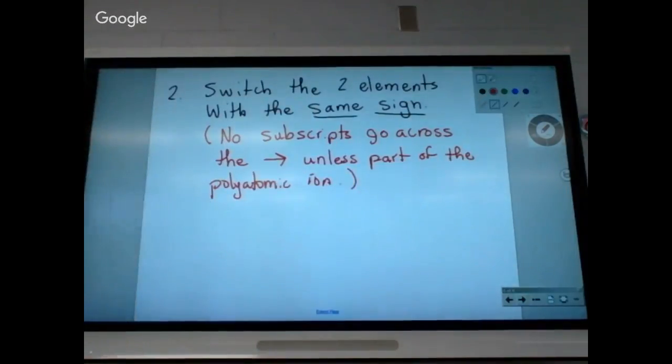Okay? No subscripts go across the arrow unless part of the polyatomic ion. So when you switch them and put them on the other side, you do not take the subscript with you unless they're part of the polyatomic ion. Does that make sense? So if there's a subscript of 2, it doesn't get to go across.